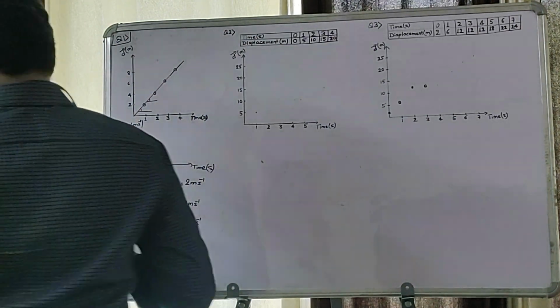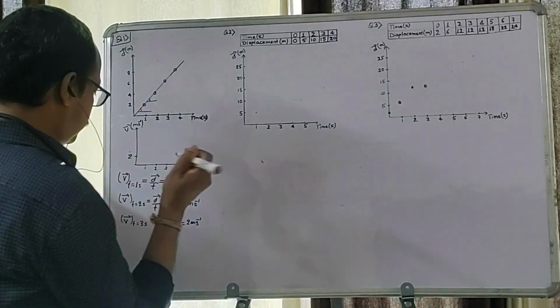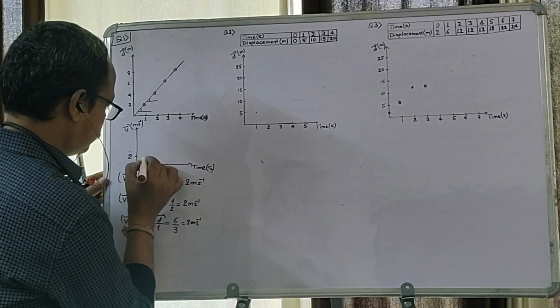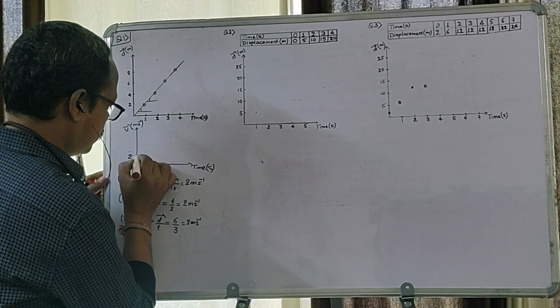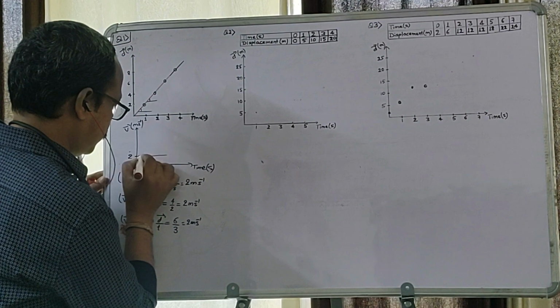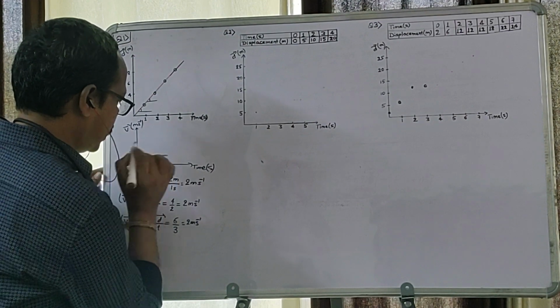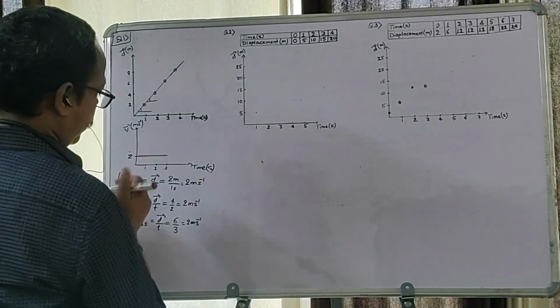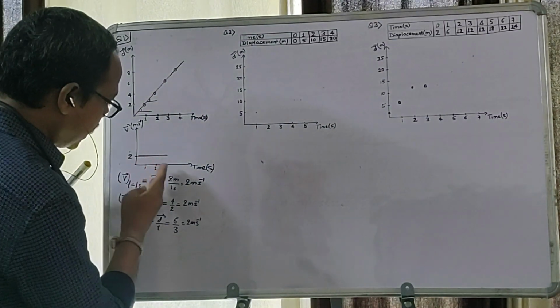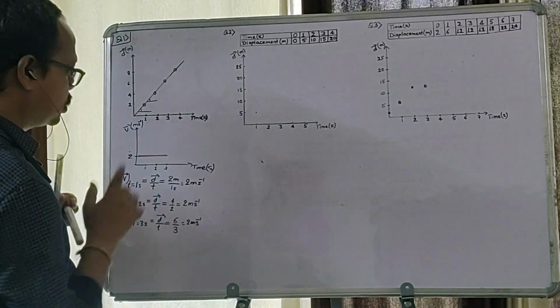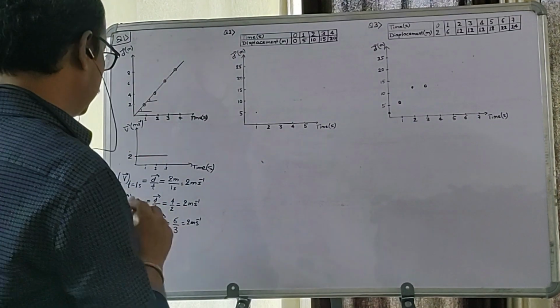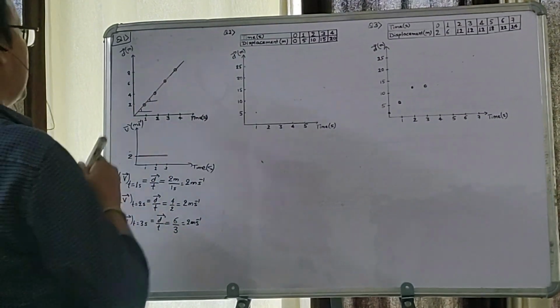So the velocity time graph in this case will look like this: a straight line parallel to the time axis. That means with the passage of time, the velocity is constant. So that is how we draw the velocity time graph, and we are done with question number 1.